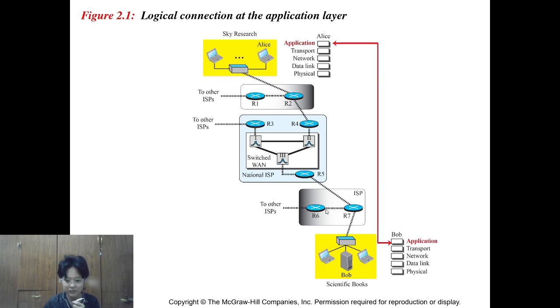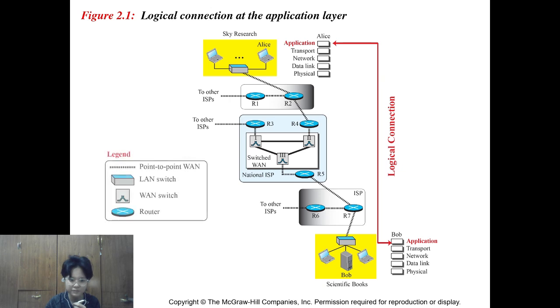Then it goes to another, and finally it goes to Scientific Books. This is the application of Alice to the application of Bob. This is a logical connection, and you can see the symbols that describe this picture.